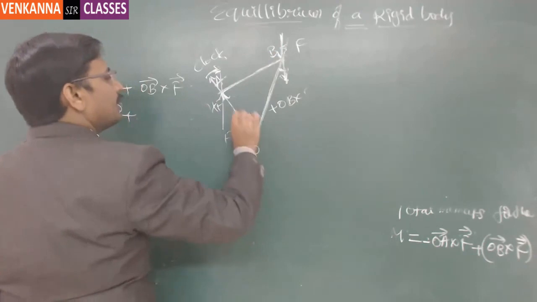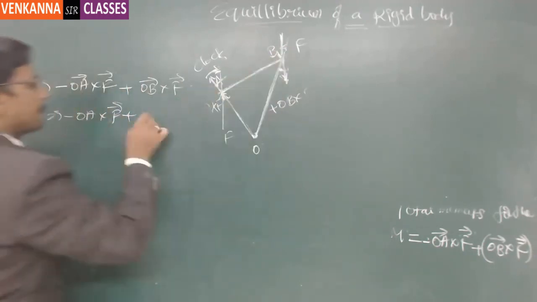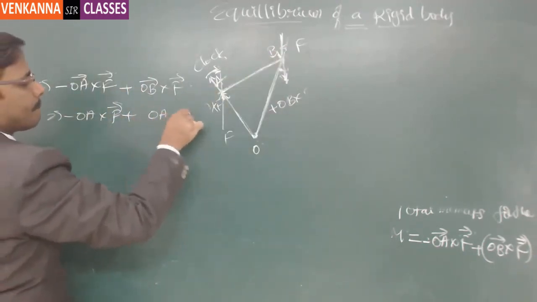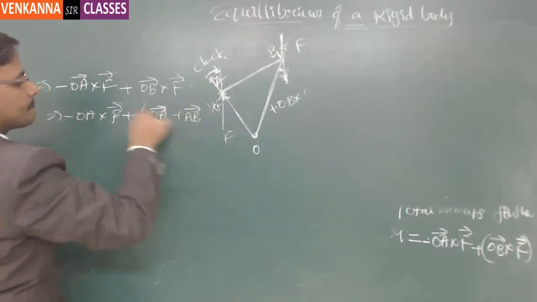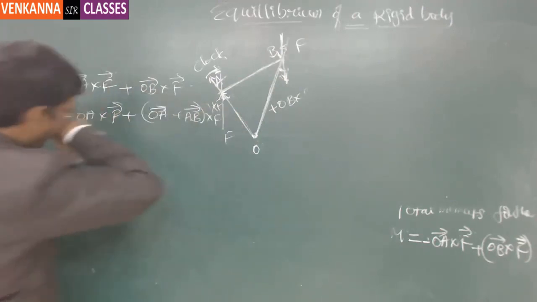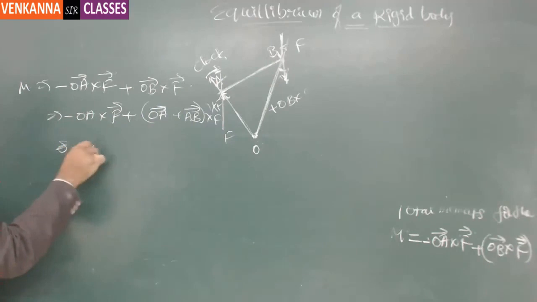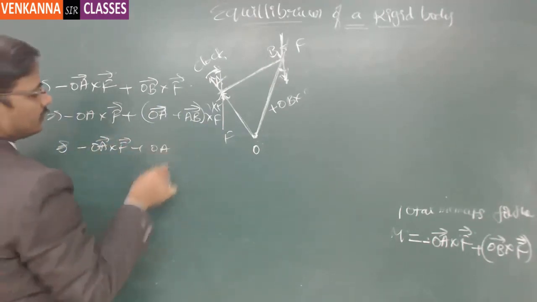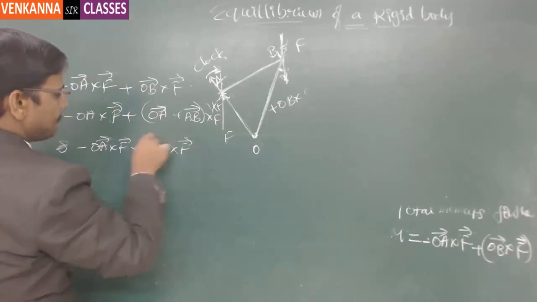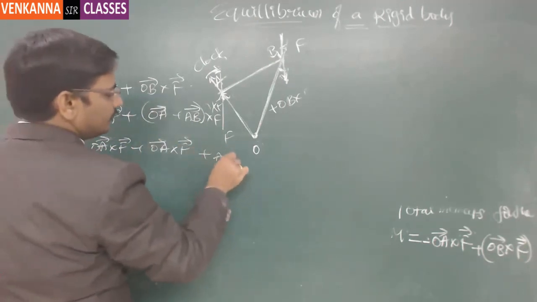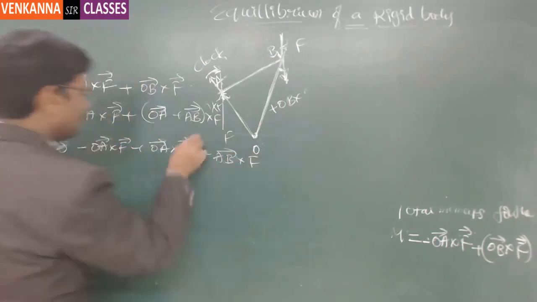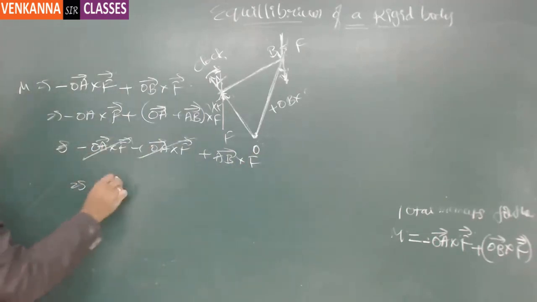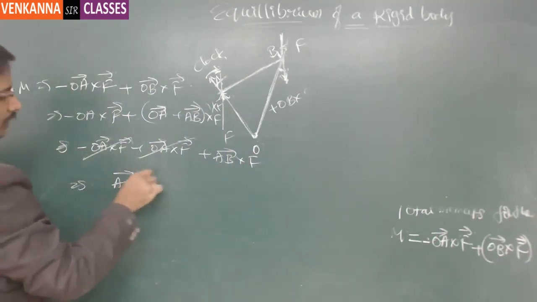This can be treated as OA plus AB, cross F. Now minus OA cross F plus OA cross F plus AB cross F. Now these two will cancel out. Finally, we are left with AB cross F.